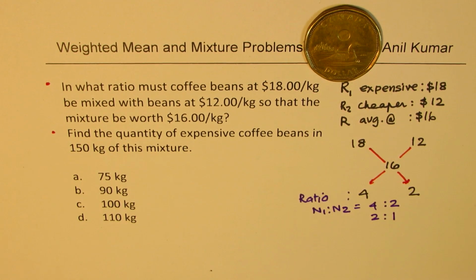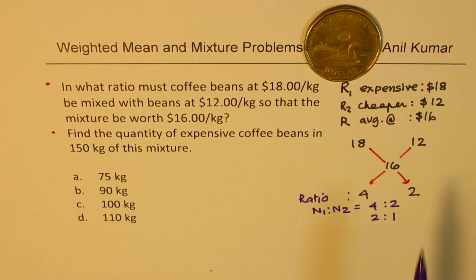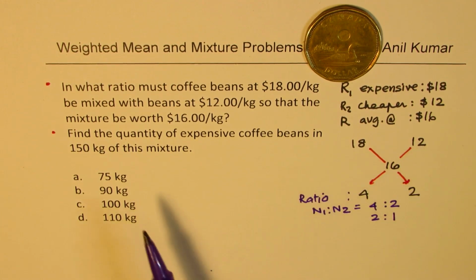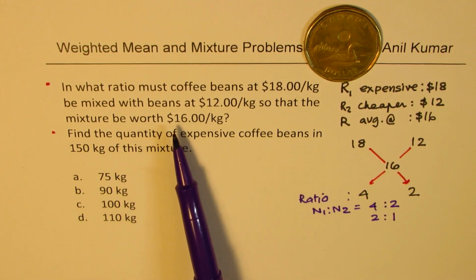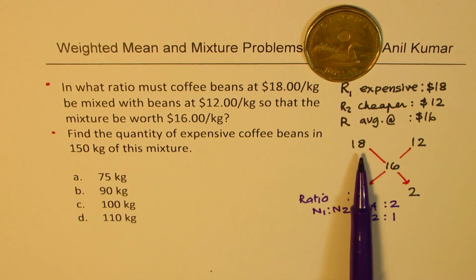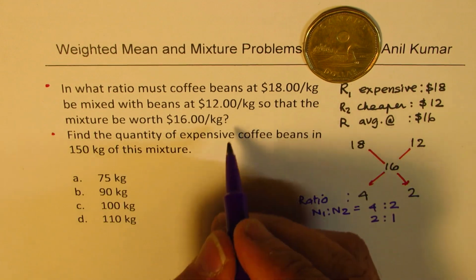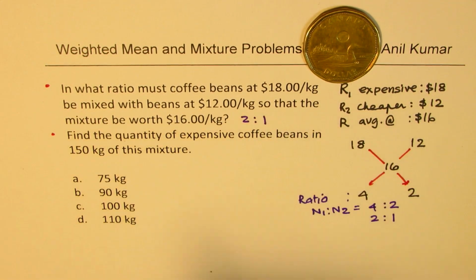So we got the ratio: the quantity of expensive is twice that of the cheaper one in this particular case, where the average is 16. It makes sense. 16 is shifted towards 18, right? So in the weighted mean, the weight is more towards 18, and that makes sense. Perfect. So we get our ratio, and the ratio is 2 is to 1.